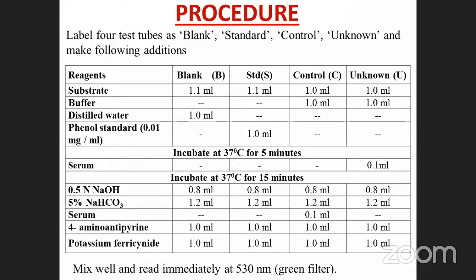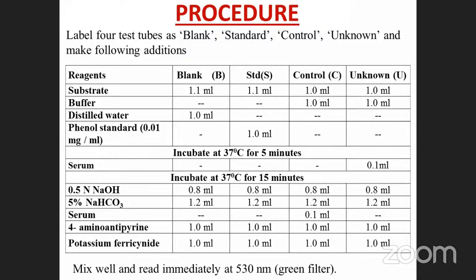If enzyme activity is high, a high amount of phenol is liberated. Phenol liberation depends on the alkaline phosphatase enzyme present in serum. Understood? Then add some other chemicals, alkalis: 0.5 normal sodium hydroxide, 0.8 ml in all tubes. Next is 5% sodium hydrogen carbonate, 1.2 ml in all tubes.